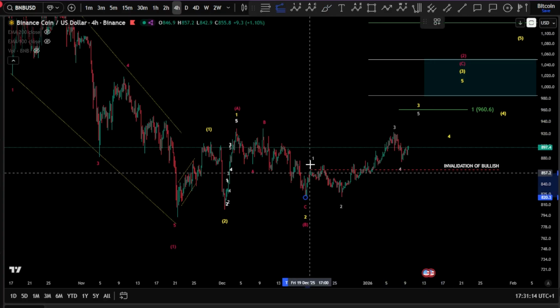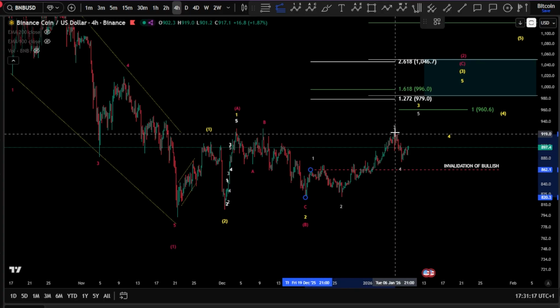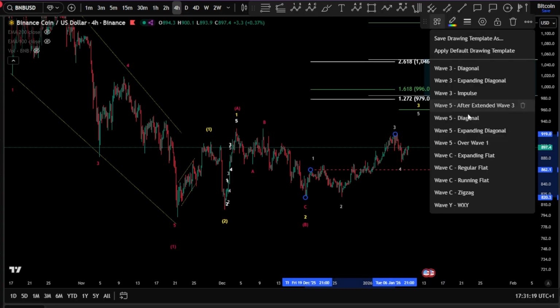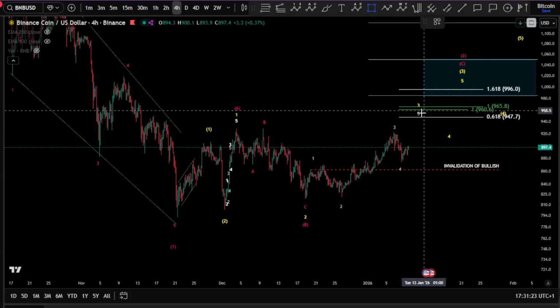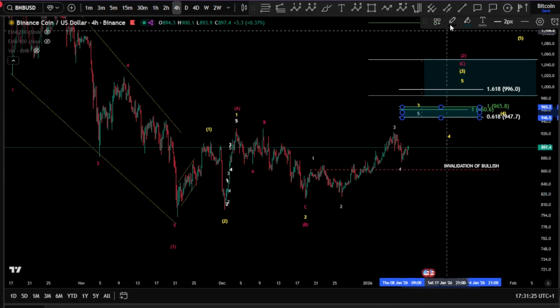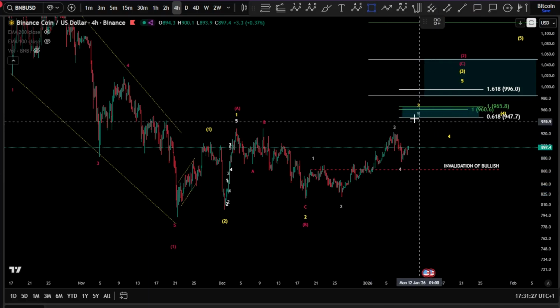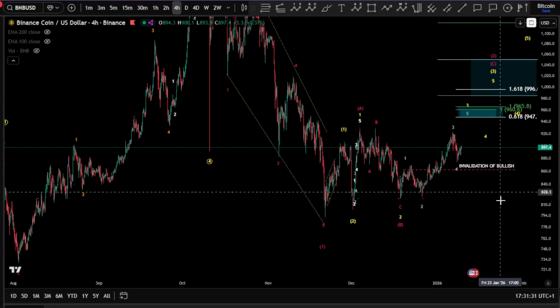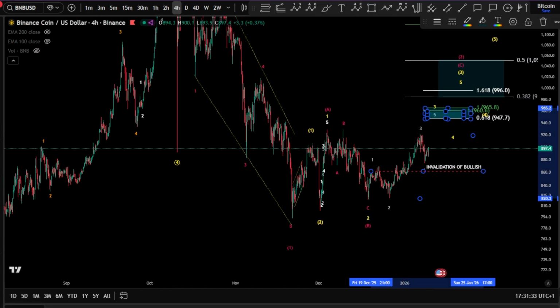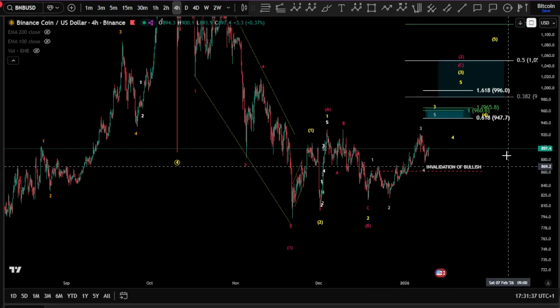If you want to have a general box here for a wave 5 and over 1, so here we go. As you can see, the precision is very high here, and we have double boxes in confluence. So the 1 to 1 fib level in precision might be exactly inside it. So this is what I'm looking for.